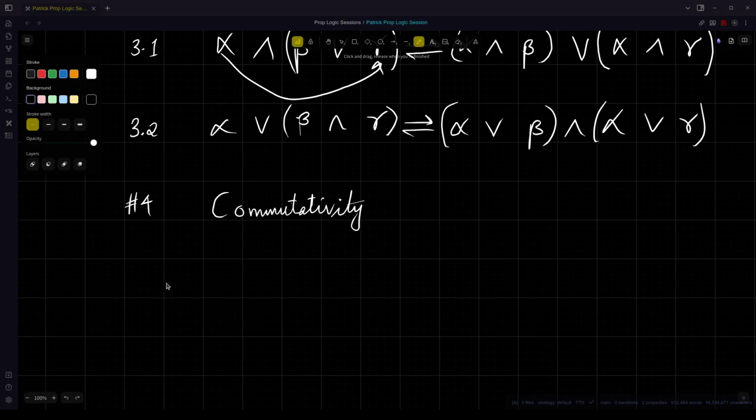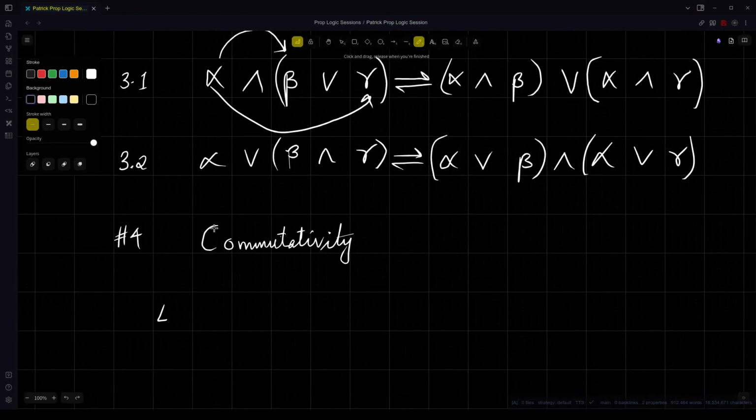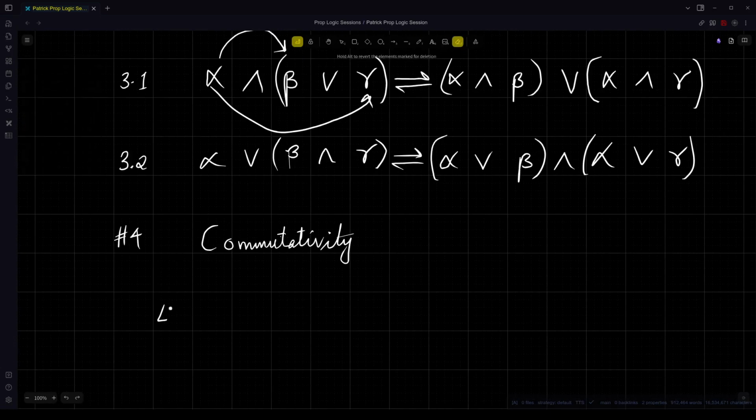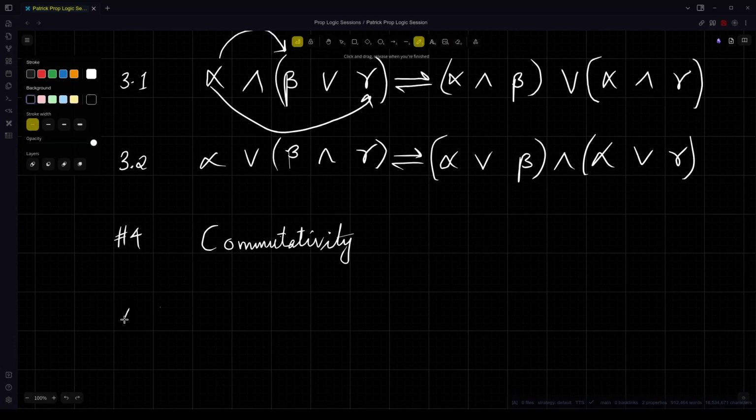This one is also going to have two variants. Commutativity, simply.